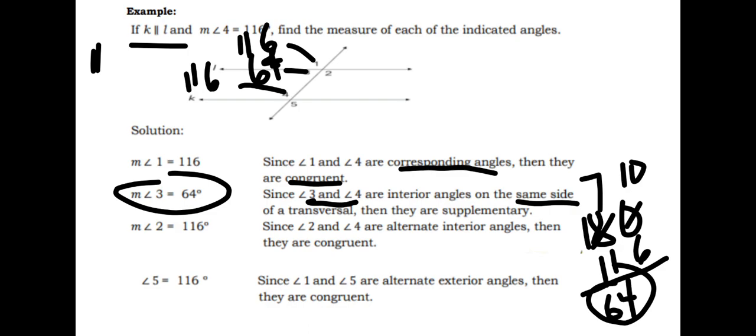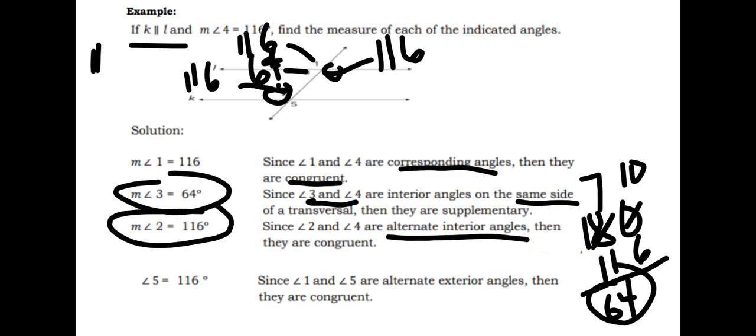Okay? Then we can also find angle 2 because 4 and 2 are alternate interior angles. So this is 4, this is 2. They are alternate, so therefore they are congruent. Since angle 4 equals 116, therefore angle 2 is also 116.